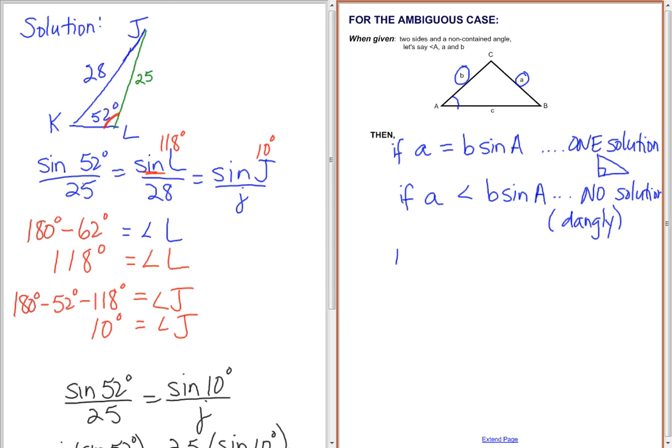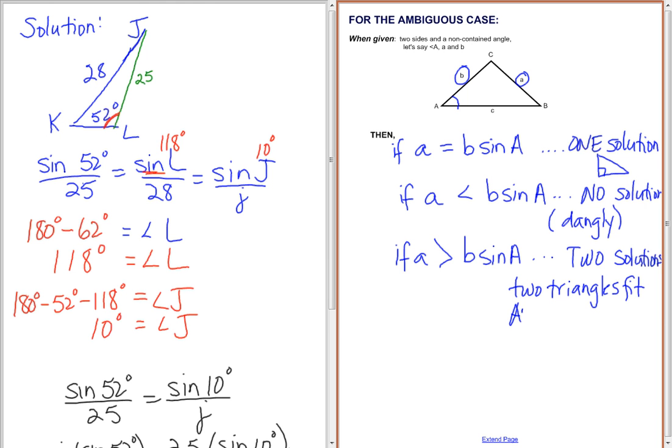Too short. If side A is actually larger than B sine A, we have two possible triangles that fit the data, and we need to find them both. And we call this the ambiguous case.